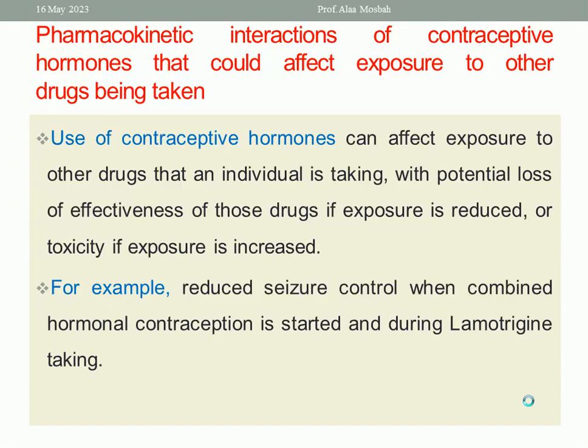For example, one of the anticonvulsants called lamotrigine, used to control seizure, when given with hormonal contraception, its efficacy will be decreased and its control for seizure will be deficient.